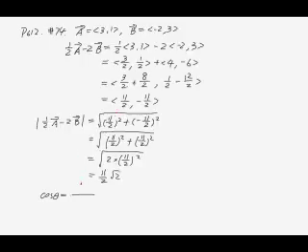So you have 11 over 2 divided by 11 over 2 times root of 2. Now this 11 over 2 and this 11 over 2 cancel. So you have 1 over root of 2. Then you rationalize this denominator. You have root of 2 over 2.